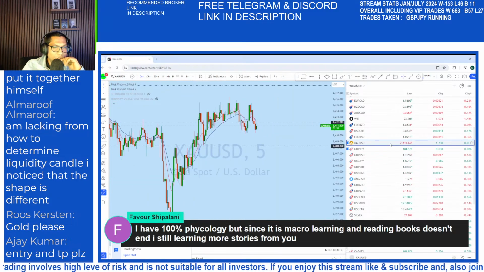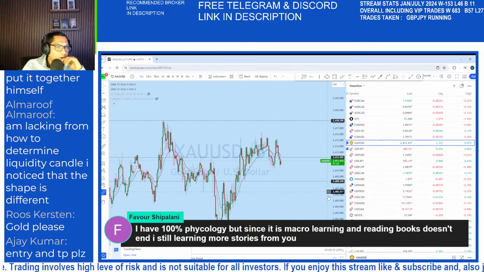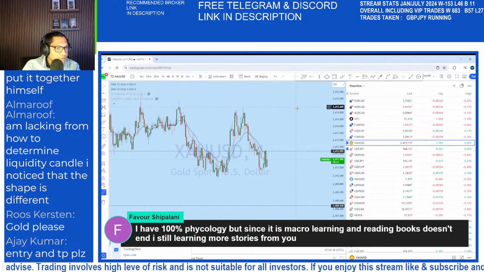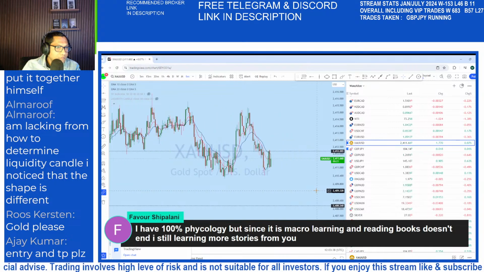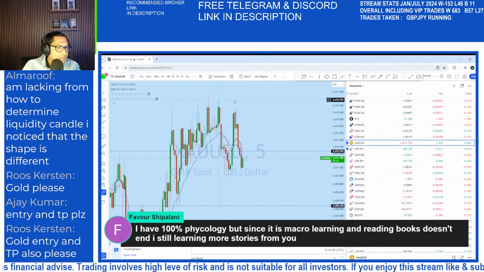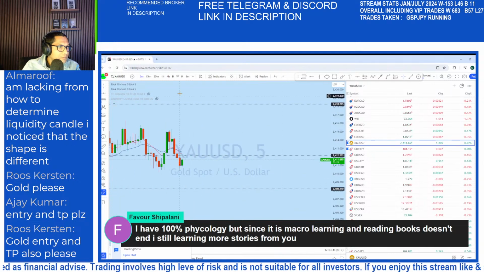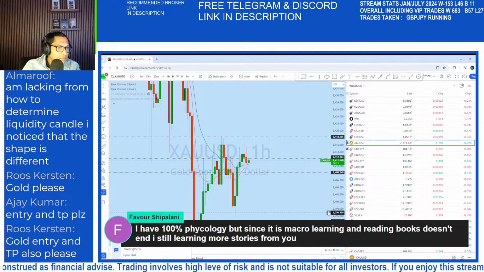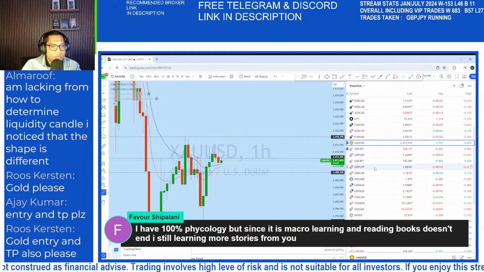It's a very narrow consolidation. Looking at gold again. Gold also a little sideways.